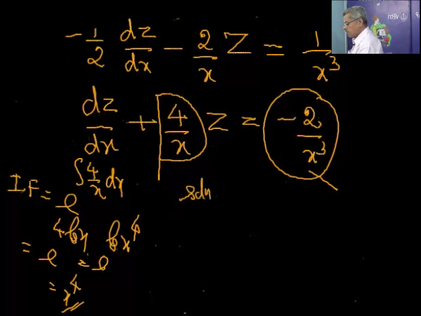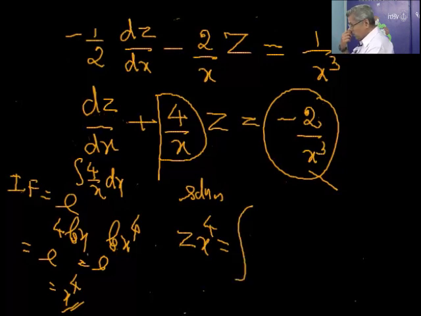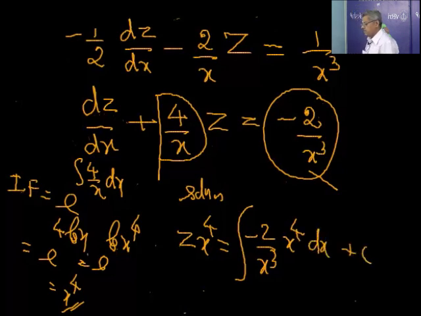The solution is: the dependent variable is z. z times e power integral P dx, which is x power 4, equals integral of Q e power integral P dx dx. As usual, we add the constant. Q is minus 2 by x cube, and e power integral P dx is x power 4. The x cube gets cancelled.